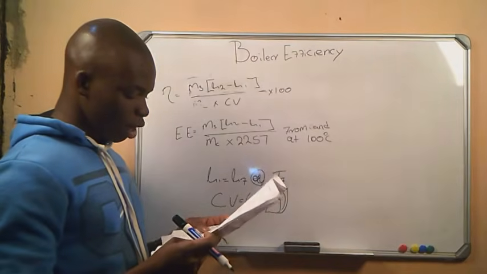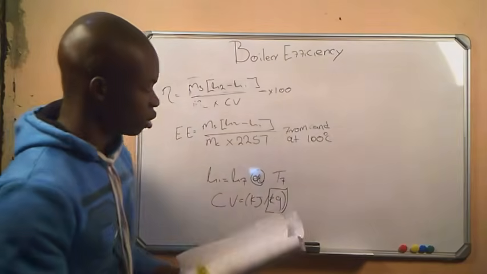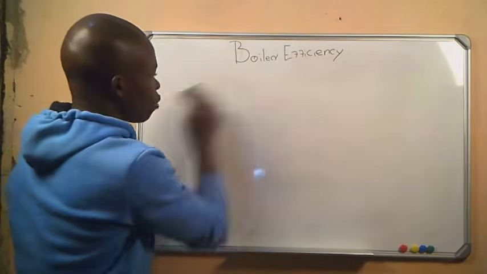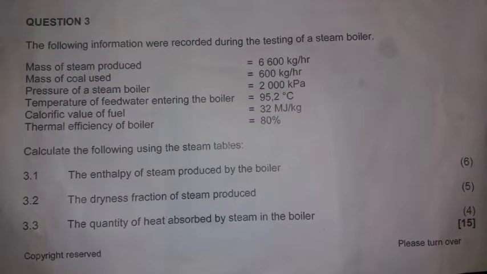They say the following information was recorded during the test of a steam boiler. Let's just write our data down. I will erase this. Hopefully you have copied. Mass of steam is equal to 6,600 kg per hour.